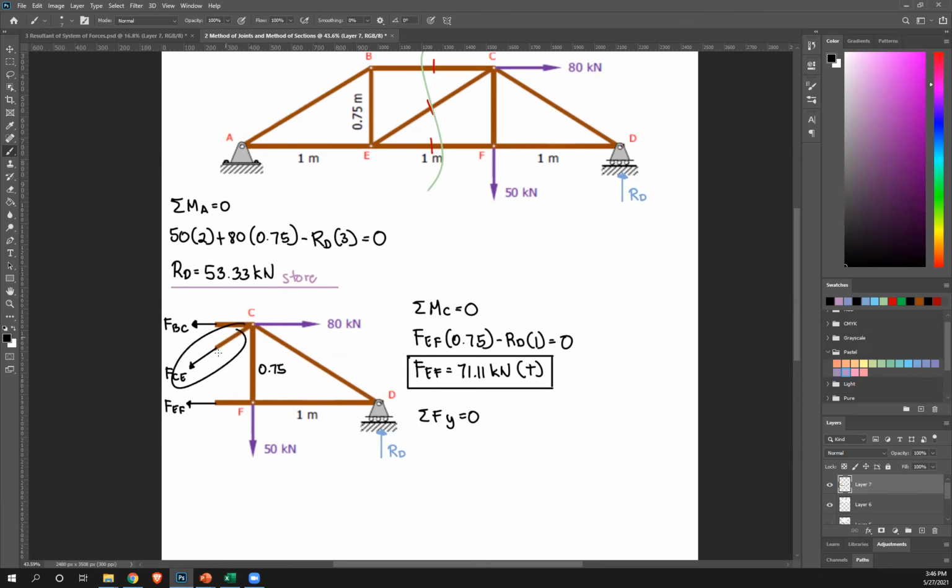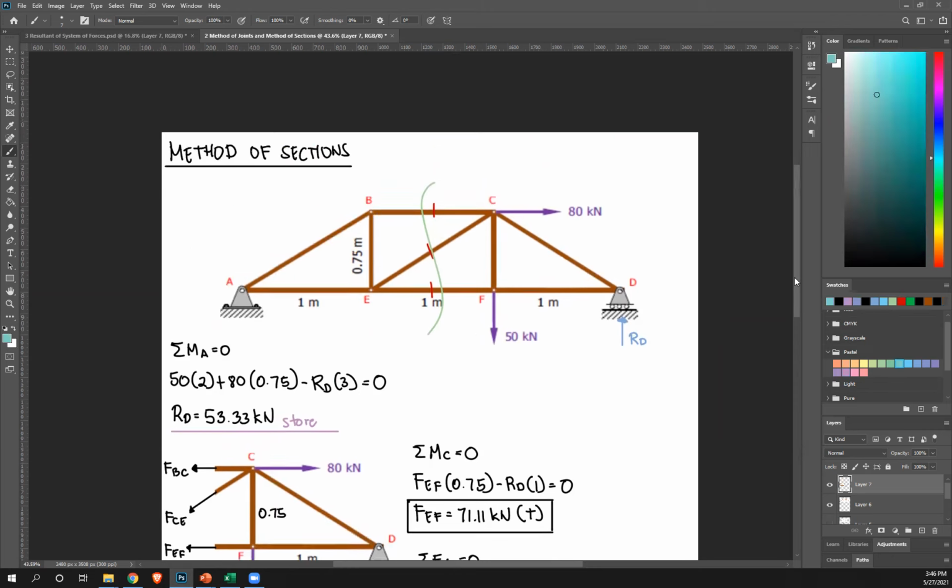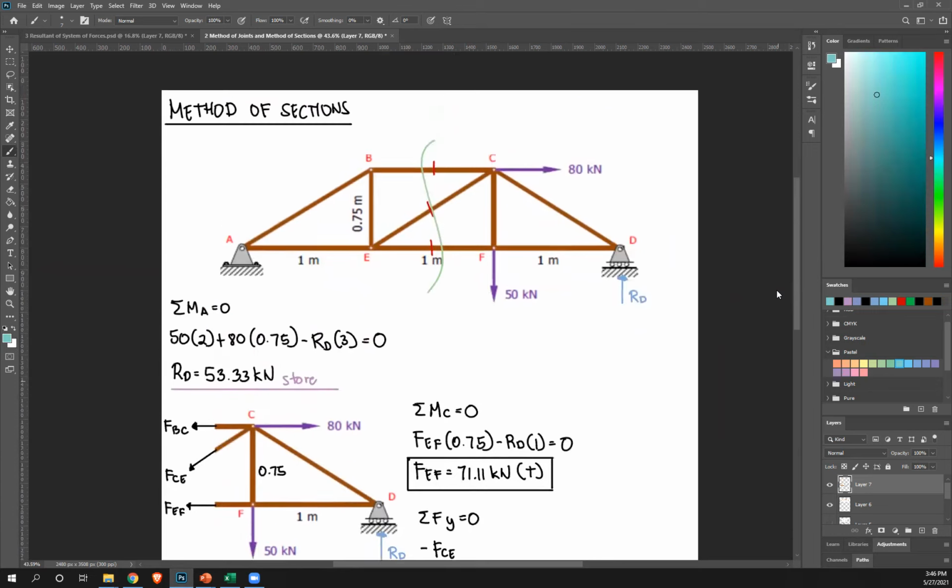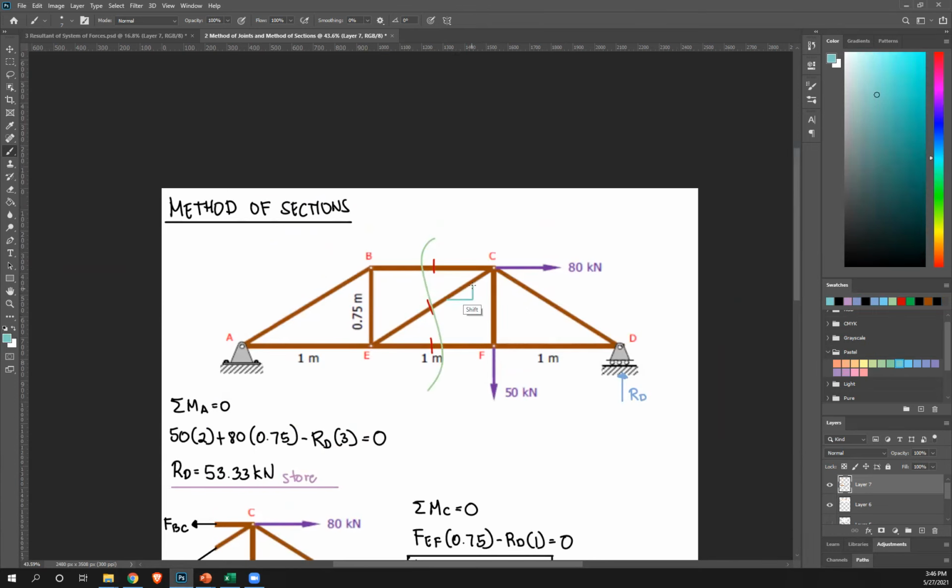FCE is downward, therefore negative FCE. Next, I need to get the vertical component of that. Let's look at CE. Let's look at the slope. Base is 1, height is 0.75. To get the hypotenuse, that's the square root of 1 squared plus 0.75 squared, and you should get 1.25.